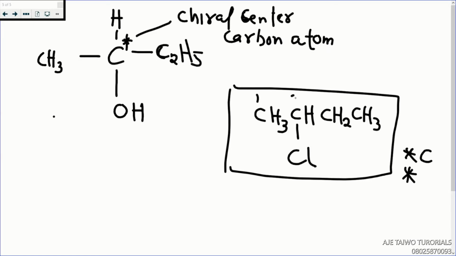Carbon atom 1, carbon 2, carbon 3, carbon 4. If you look at this molecule very well, the second carbon atom is a chiral center carbon atom. Let's see this way. Carbon 1 is attached to hydrogen, hydrogen, hydrogen.